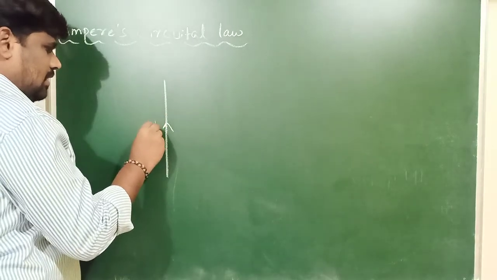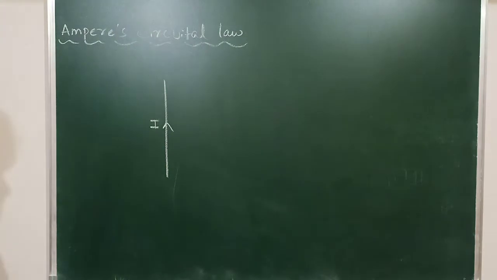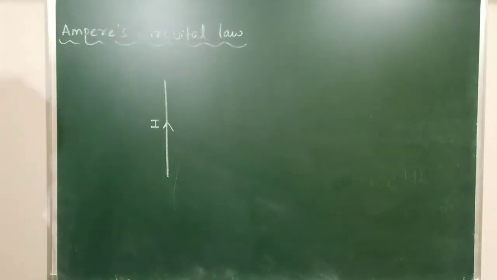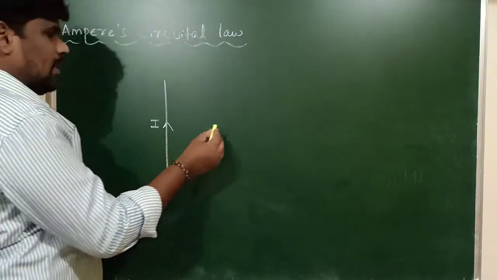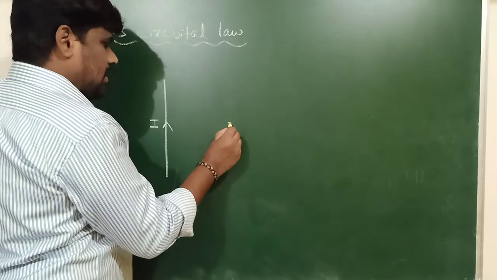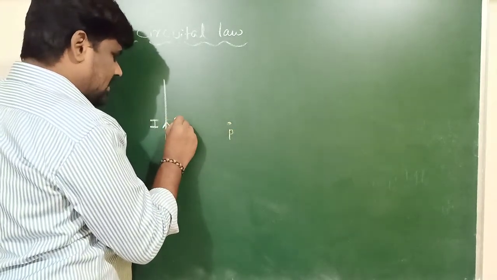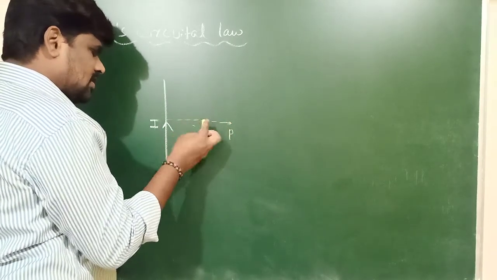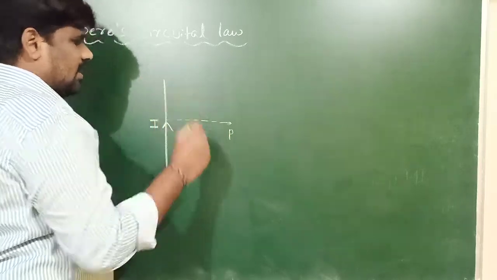say for example I is a current which is flowing through the conductor, and this conductor is going to produce the magnetic field. Select a point P. Say for example P is a point, and this point P is at a distance of R from this current carrying conductor.